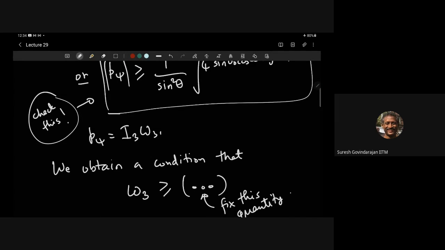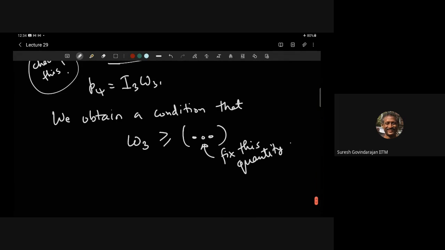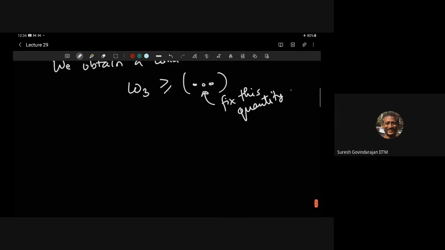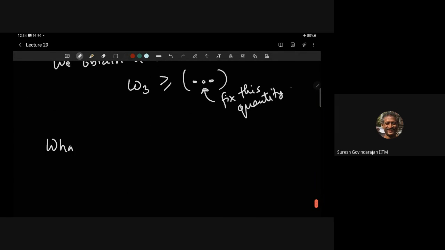So what we get is omega 3. We have a constraint that omega 3 has to be greater than this thing. And what happens when omega 3 is greater than this quantity?